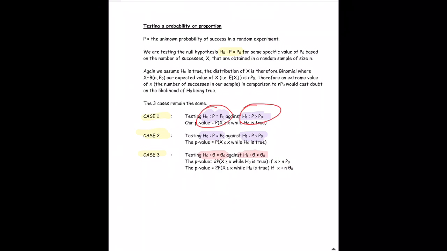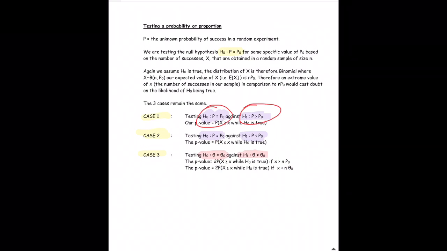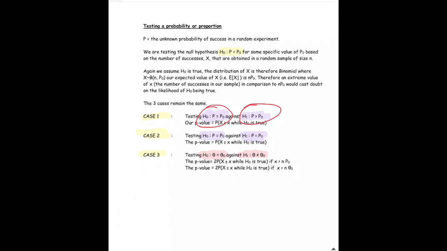Again, what we'll do is we'll assume that the original proportion, the original probability is true. And we'll say, okay, let's just take a sample now. Let's just take a real life sample. Let's collect some evidence and see what happens. So we'll have a number of things that we've collected, which will go into our binomial probability, along with the proportion or the probability that we would expect to come up.